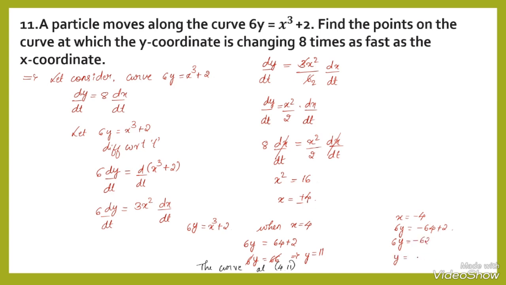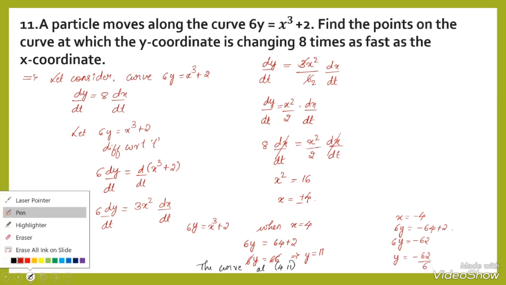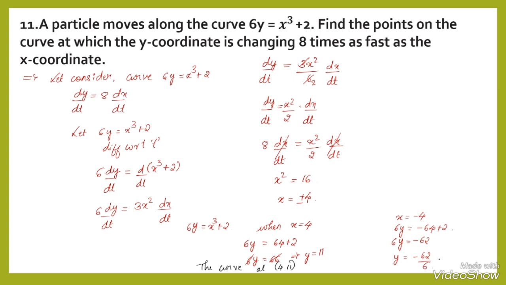So y is equal to minus 62 divided by 6. Then the given curve at minus 4, comma, minus 62 divided by 6. This is the result of the given problem.